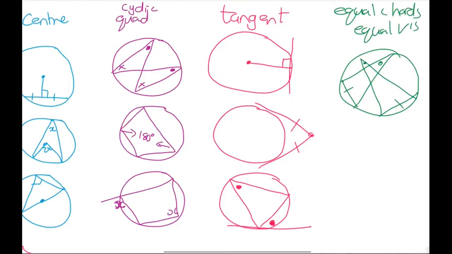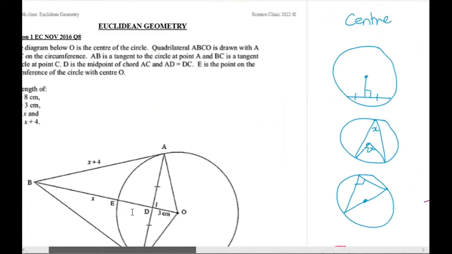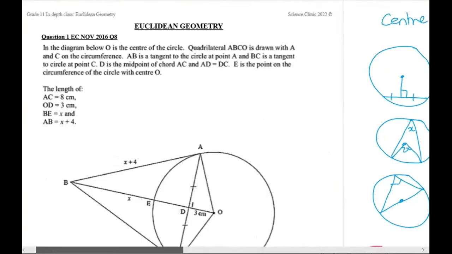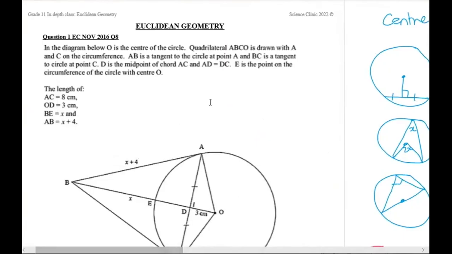Okay, so now let's go back to our diagram. They did tell us about the center here, and they've given us a whole lot of information, so we're going to make sure everything's there. AD equal to DC has been indicated on our diagram. The length of AC is 8 centimeters.